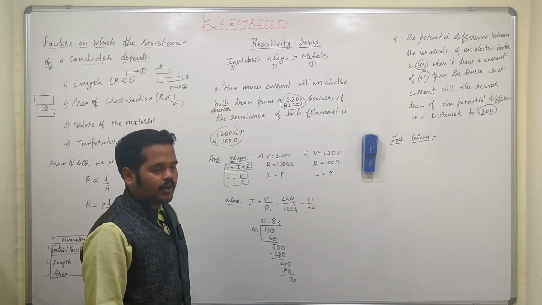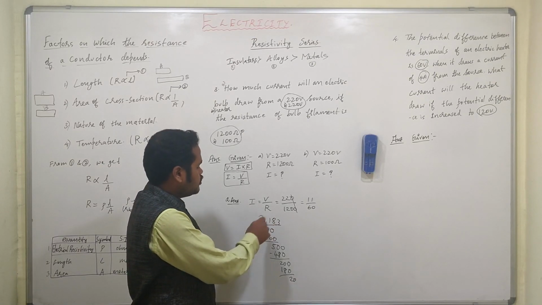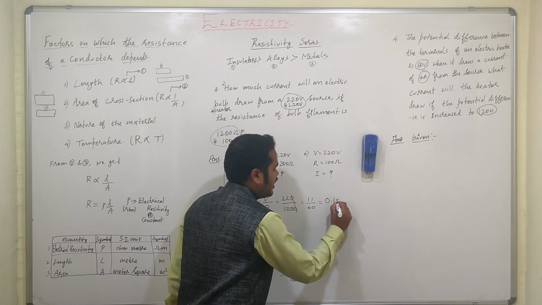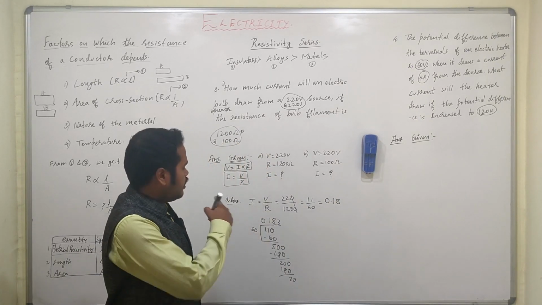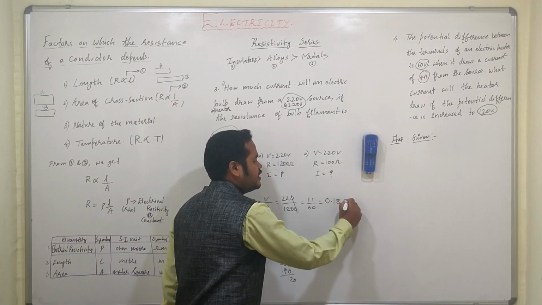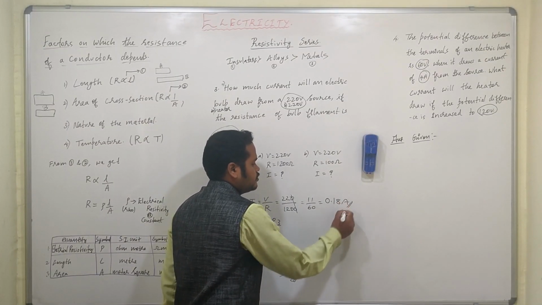So we get the answer 0.18. Current, the SI unit of current is ampere. 0.18 A is our answer.